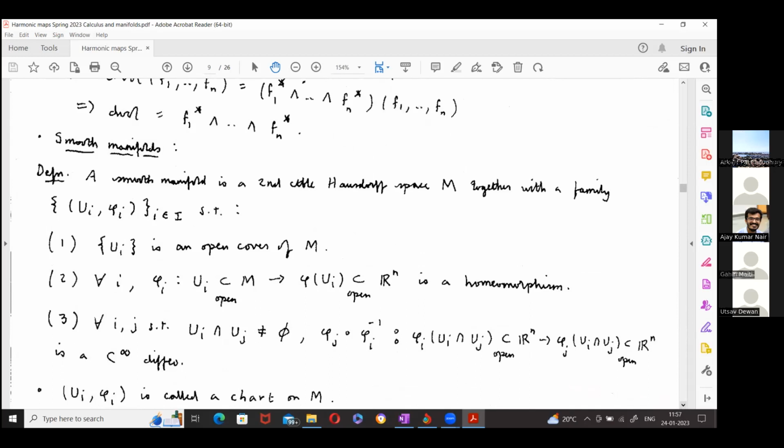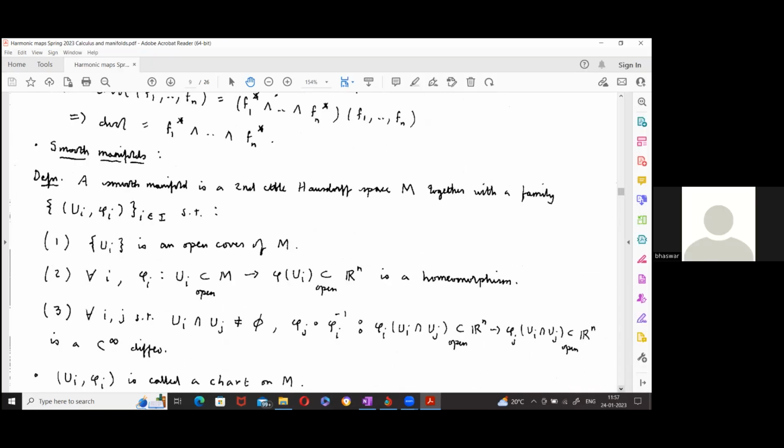So if you take any orthonormal basis and take the wedge product of the dual basis, then you get the volume form, right? No, it has to be positively oriented. If it's negatively oriented, you'll get minus the volume form.